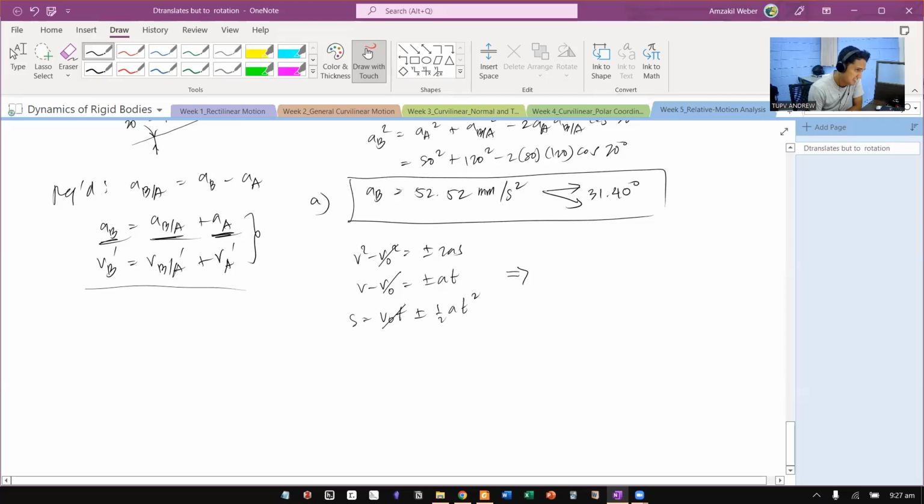So I don't need distance. I only need equation 2, which is VA prime, to indicate that it is the final velocity of block A, or wedge A rather, equals plus or minus A T.